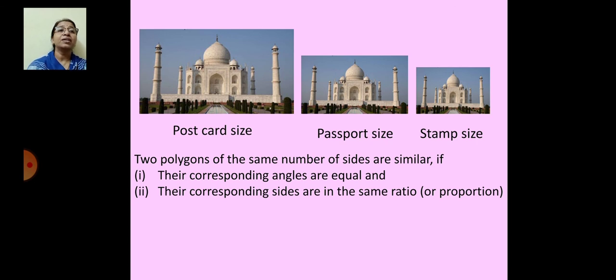For example, here for the stamp size photograph, the ratio is 25 upon 35, or 25 upon 45, or 25 upon 55. Only the lengths of the sides are enlarged here. So sides are in proportion and angles are equal.